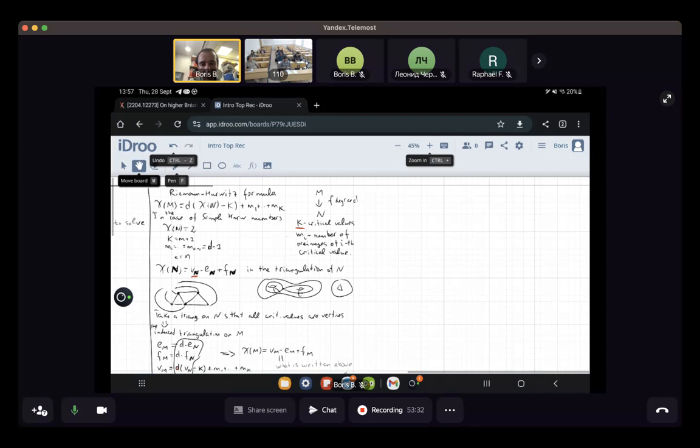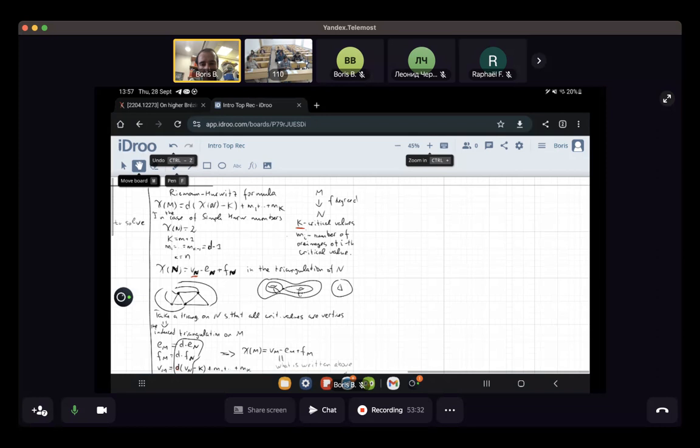This is, from one hand, kn minus the sum over i equal to 1 to k.